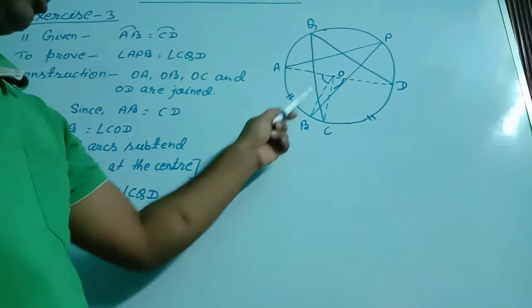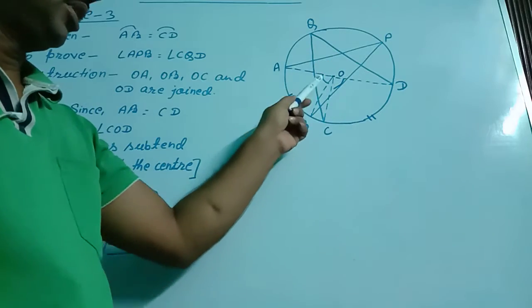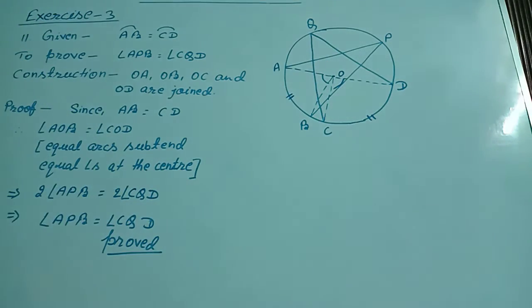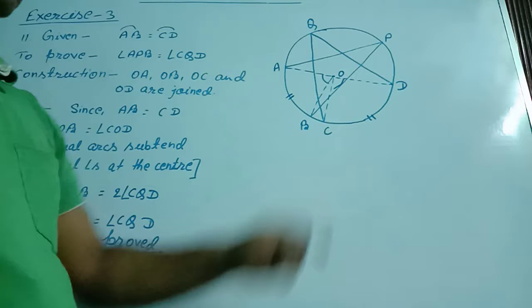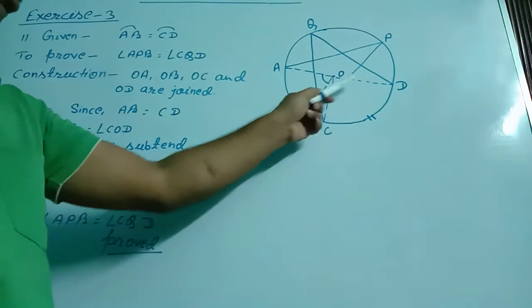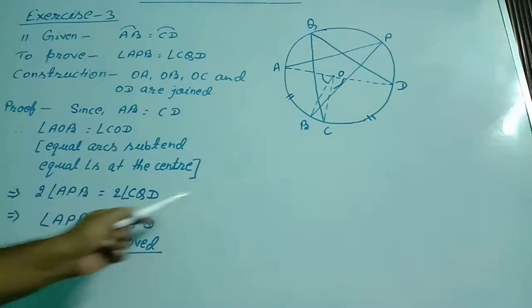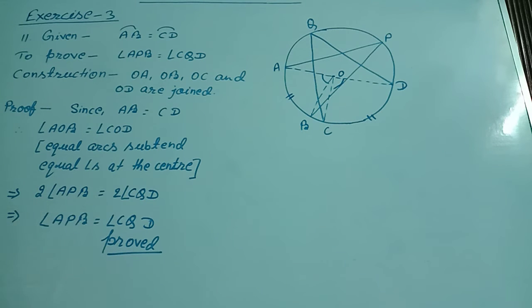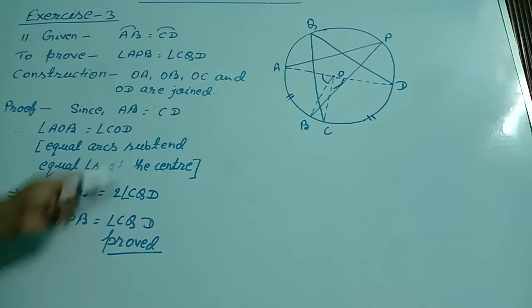So in place of angle AOB, I have written twice of angle APB, and in place of angle COD, I have written twice of angle CQD. So these cancelled. Angle APB equal to angle CQD, that was asked to prove.